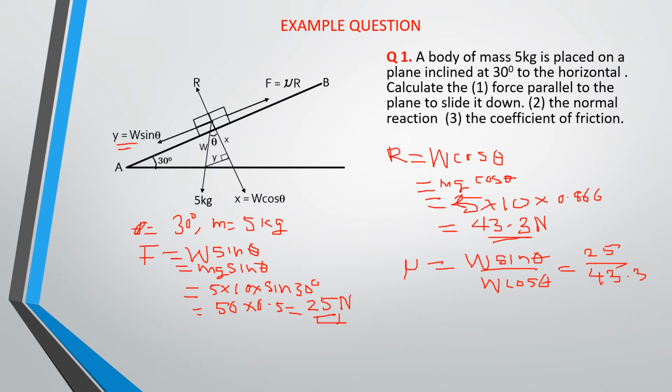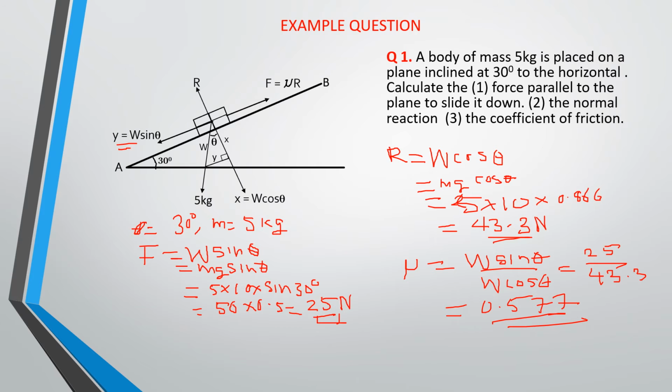So punch that out in your calculator. You are going to have 0.577 as your coefficient of friction. So we see that if you know the equation to apply, equations like this are very simple. Is that okay? So this is how to go about solving this kind of problem, right?